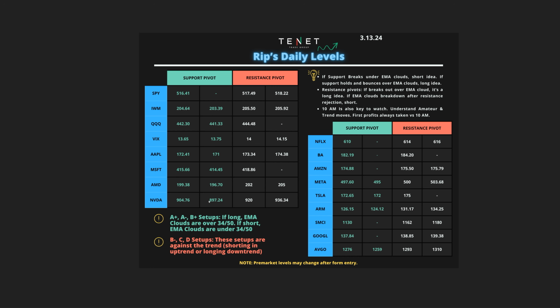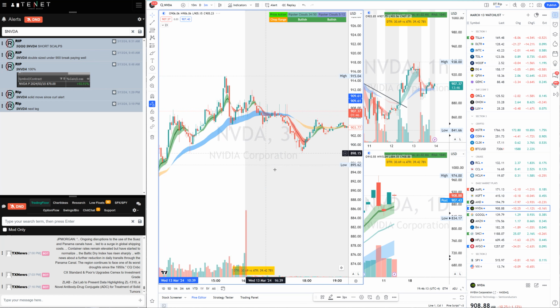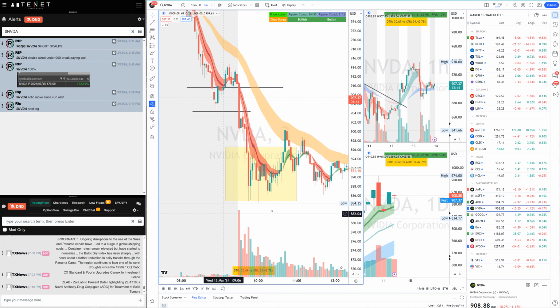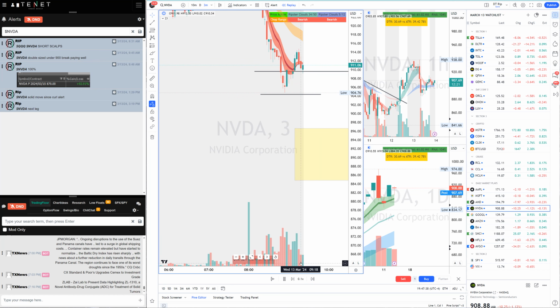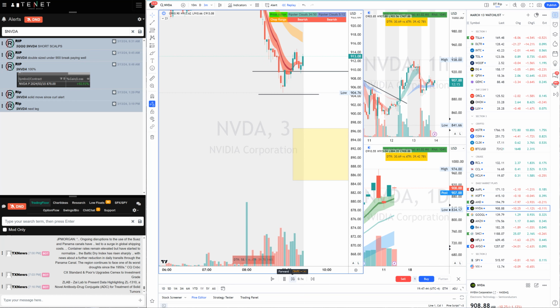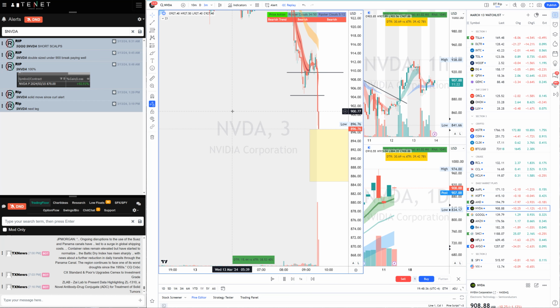Support pivots 904, 897, those were our two support pivots this morning. You could see it here and here, but as soon as the market opened, let me go to the smaller time frame so I can show you what was happening. As soon as the market opened, I was watching NVIDIA closely. Does it break the pivot or not? As soon as the market opens, I see the weakness at 931.